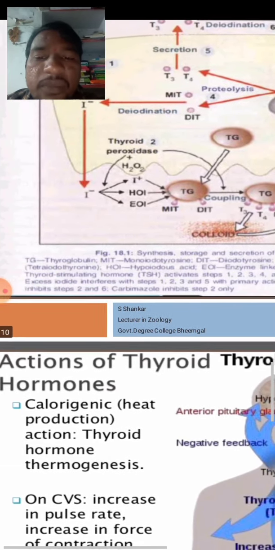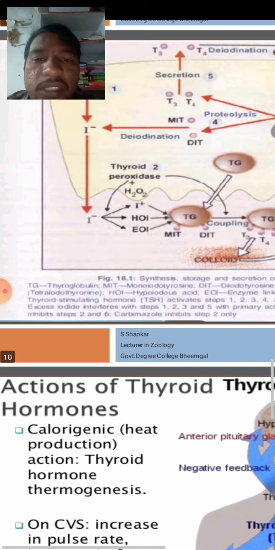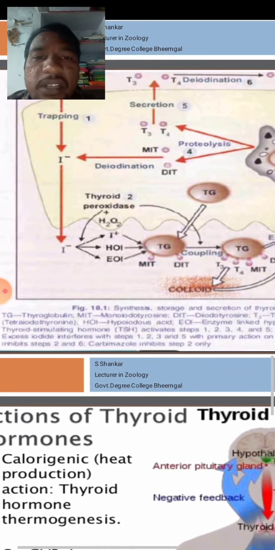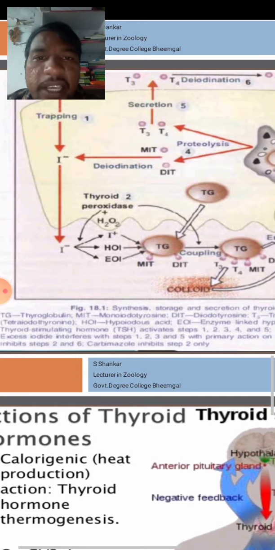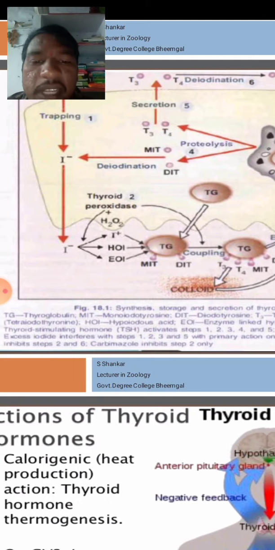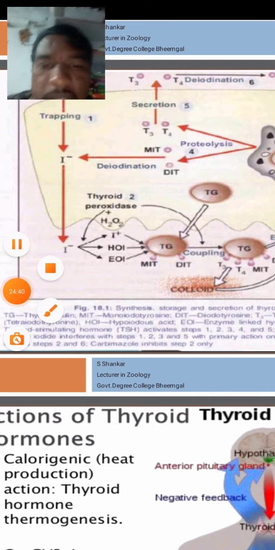Propylthiouracil inhibits steps 3 and 6, deiodination, and carbimazole inhibits step 3 only.